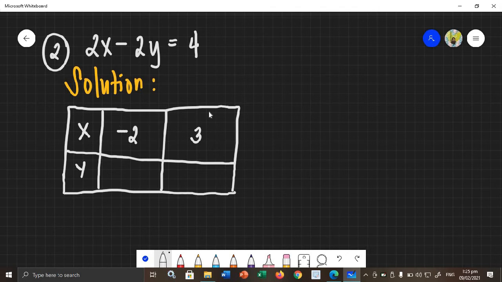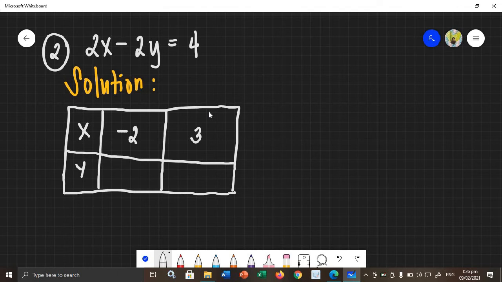But I'm going to advise na medyo layuan, hindi consecutive na number, hindi 1 and 2 kasi sobrang magiging magkalapit yung dalawang points if that will be the case. Okay, kaya medyo lagyan natin ng spaces yung values ng x coordinate natin. Kaya naisipan natin na first value can be a negative number and then the second one is a positive number.